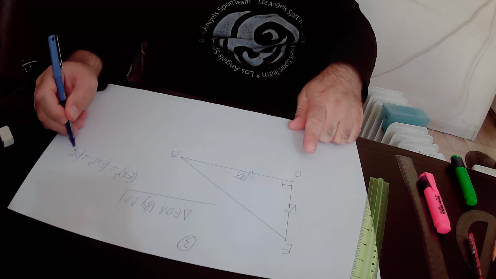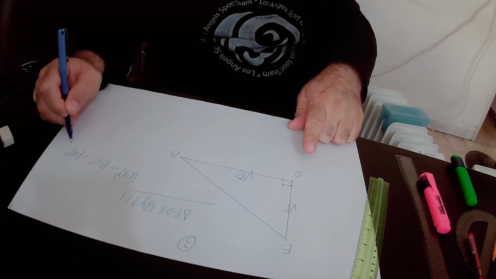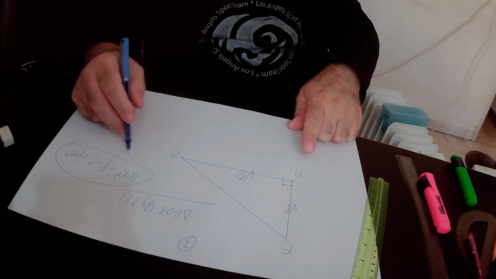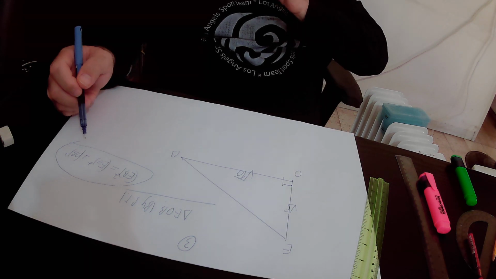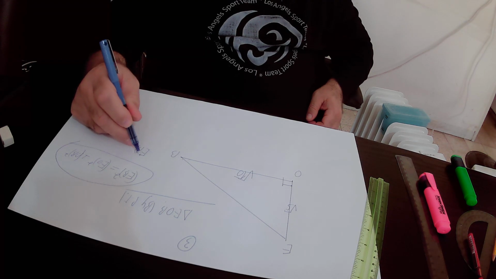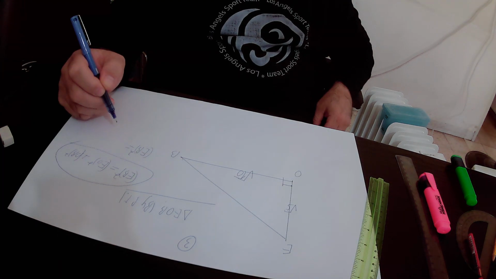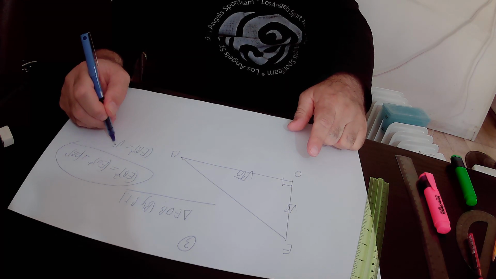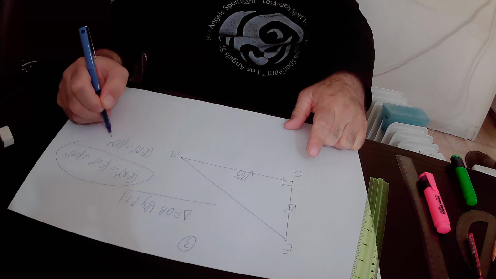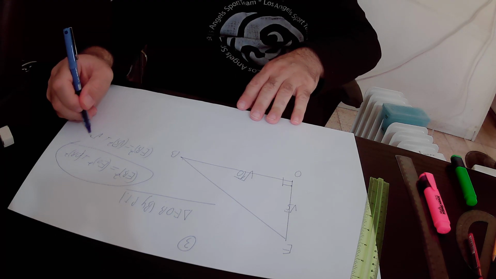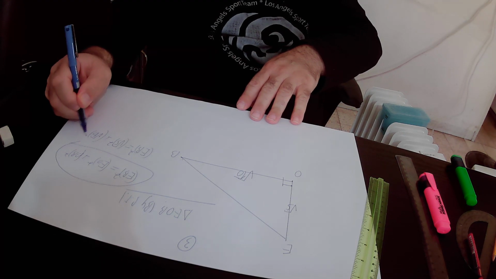Again, according to the Pythagoras theorem, EB squared equals EO squared plus OB squared. So EB squared equals EO squared. EO equals the square root of 5, therefore EO squared equals the square root of 5 squared, plus OB squared. OB equals the square root of 10, therefore OB squared equals the square root of 10 squared.